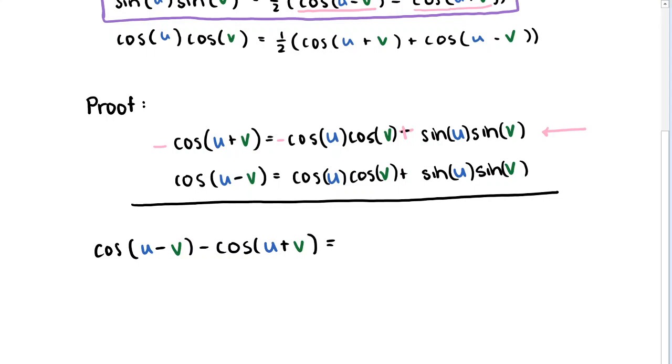Adding the right sides, negative cosine of u cosine of v added with cosine of u cosine of v would cancel out. And then we add the sine of u sine of v together with itself, which gives us two sets of that value: 2 times sine of u times sine of v.